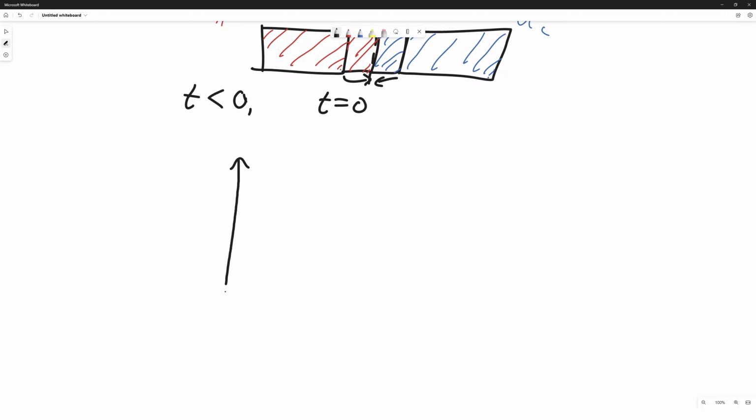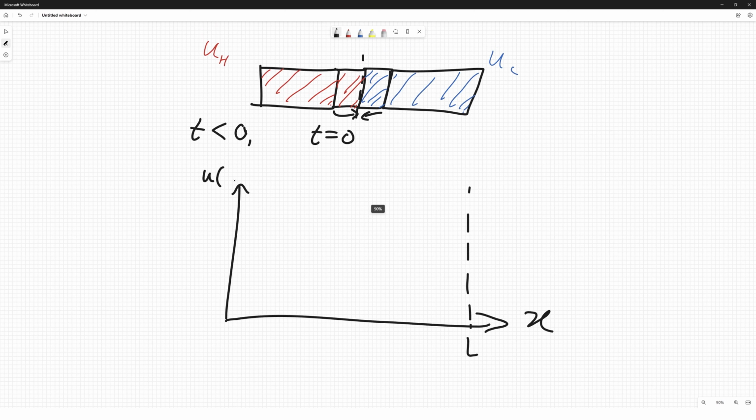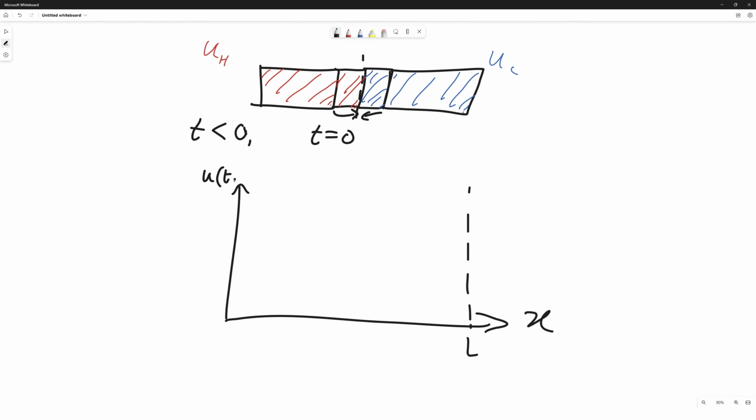Now, if we were to plot this on a graph, we would have space, right? And the rod has a length of, let's say, L. And here we would have U of time and X, right? But we're only plotting it against X, right?